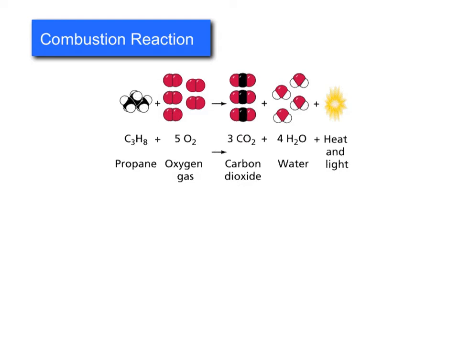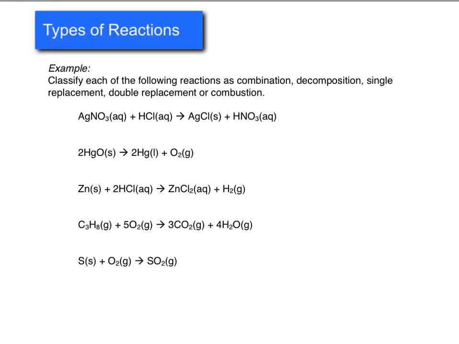So this is basically a burning reaction or the type of combustion reaction that would happen in a car or another engine like that. And so for this type, really all you need to know is that the products are always carbon dioxide and water, and then you just go back and balance the reaction once you have the products written in.